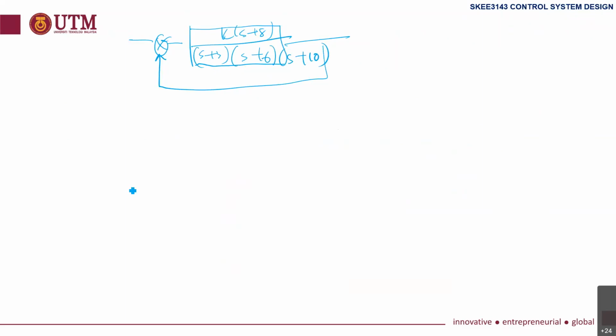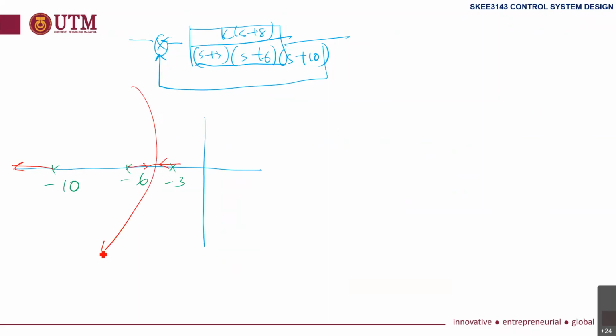If we draw the root locus, I will just sketch. We have poles at -3, -6, -10, and the root locus will be like this.